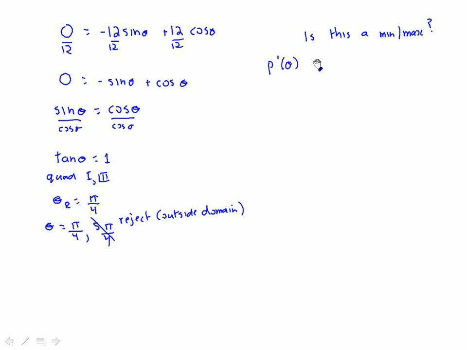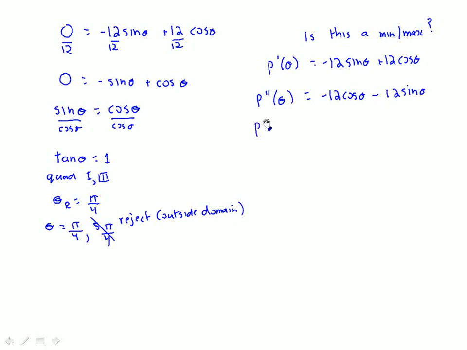So our first derivative is negative 12 sine theta plus 12 cosine theta. So we want p double prime at theta, and that's going to be equal to, well, the derivative of negative 12 sine theta is negative 12 cosine theta. The derivative of 12 cosine theta is 12 sine theta, but negative.